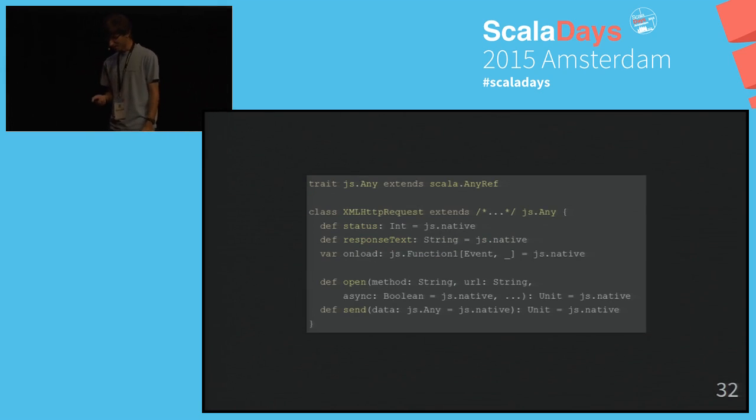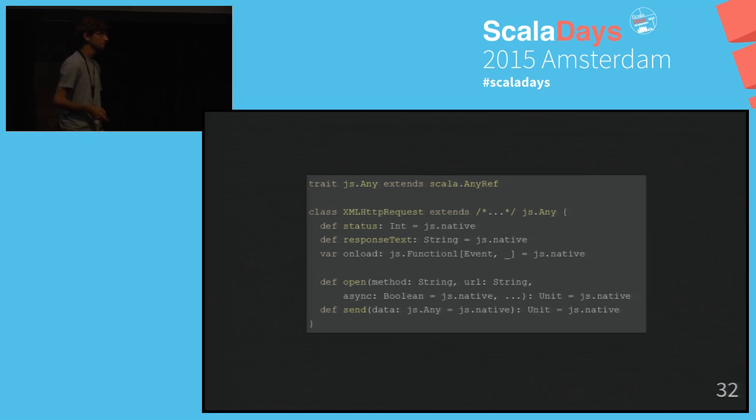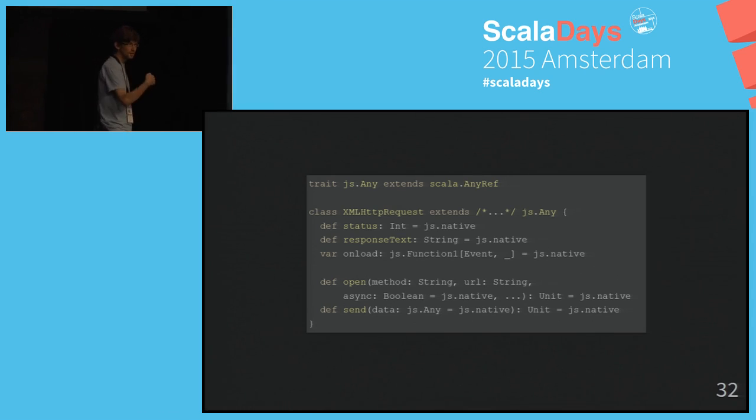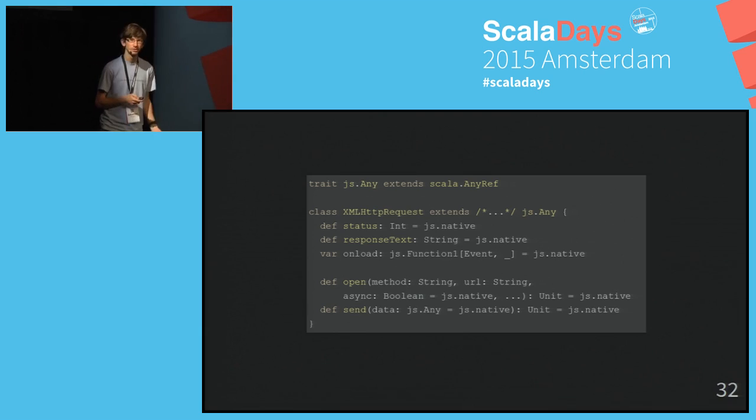So how is it statically typed? Well, because there is a definition of what XML HTTP request is as a library, and it is basically a class with methods and fields. Since it's a JavaScript class in the first place, you make it extend from js.Any, which is a special type in the Scala.js compiler.